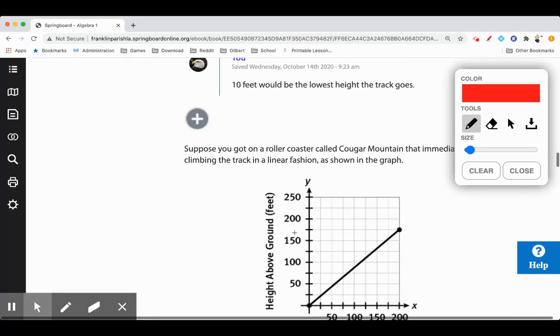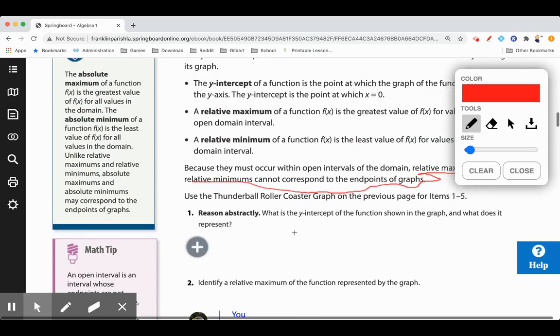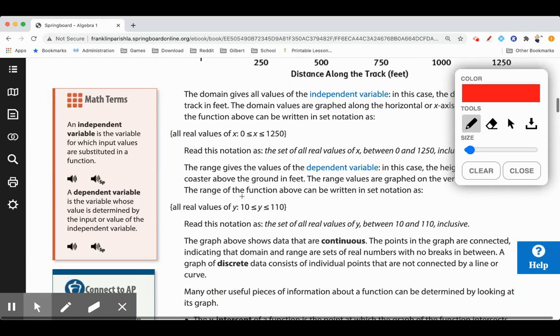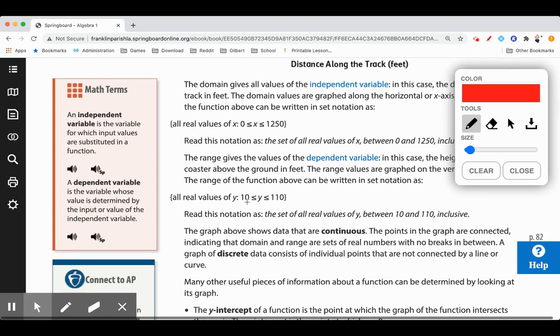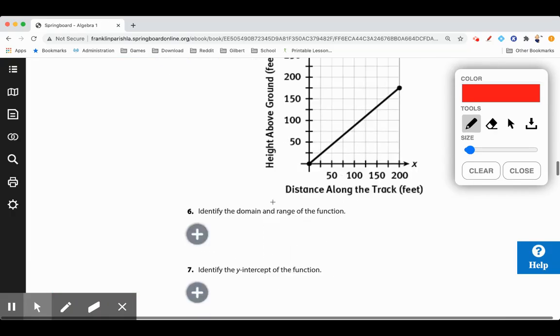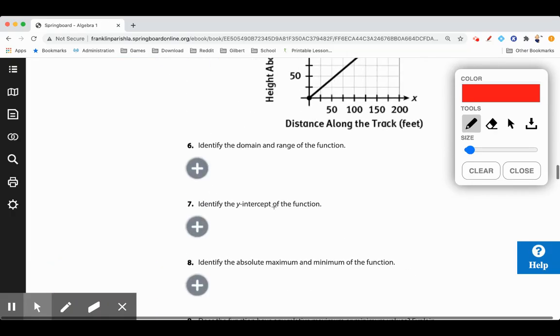Remember your notation, we're using the compound inequalities like here and here to write using the set notation. You just put it in a curly bracket for all the real values of the variable, and put the range and the domain.